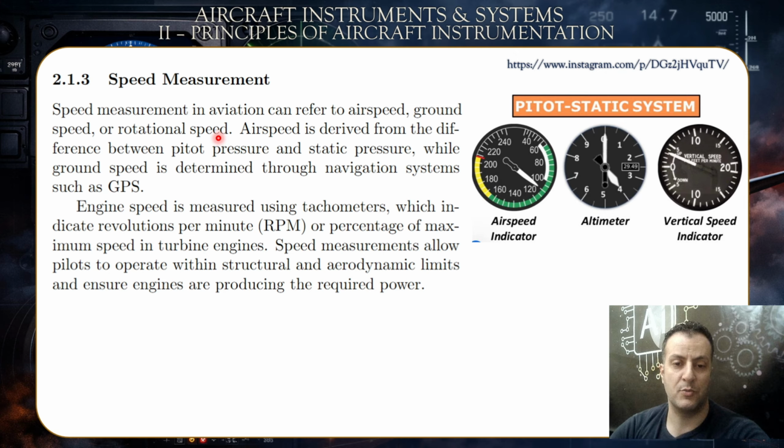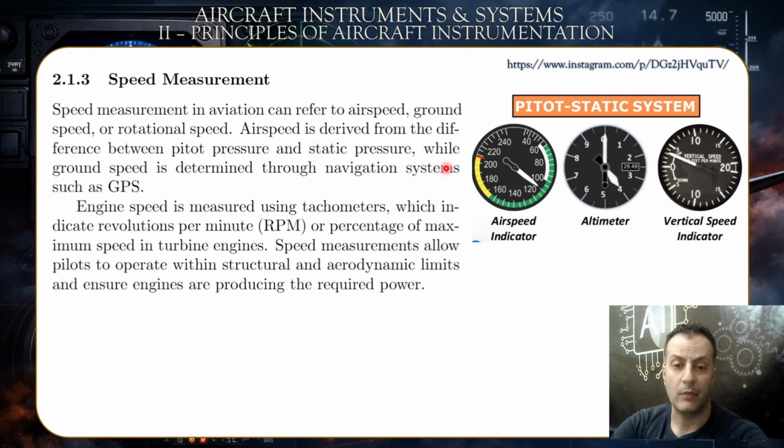The speed measurement in aviation can refer to airspeed or ground speed, which works in a completely different way. Why? Because it sends a signal towards the ground, and by measuring the time it took to go from the airplane to the ground and all the way back, and measuring the time and the distance, you can get the velocity.